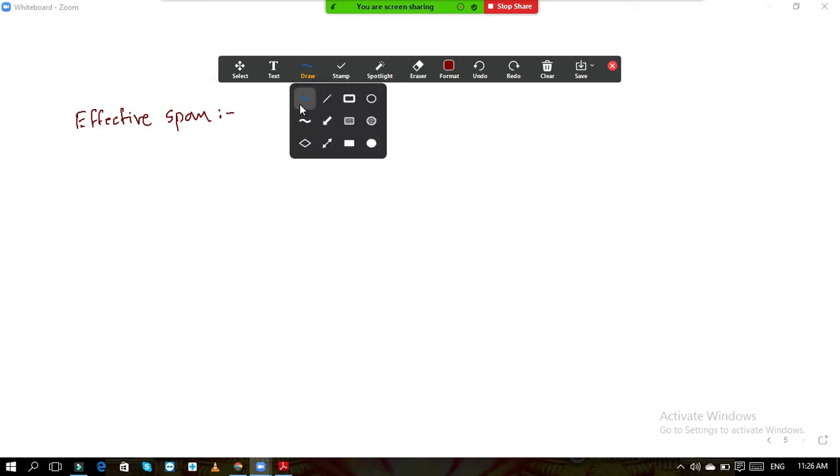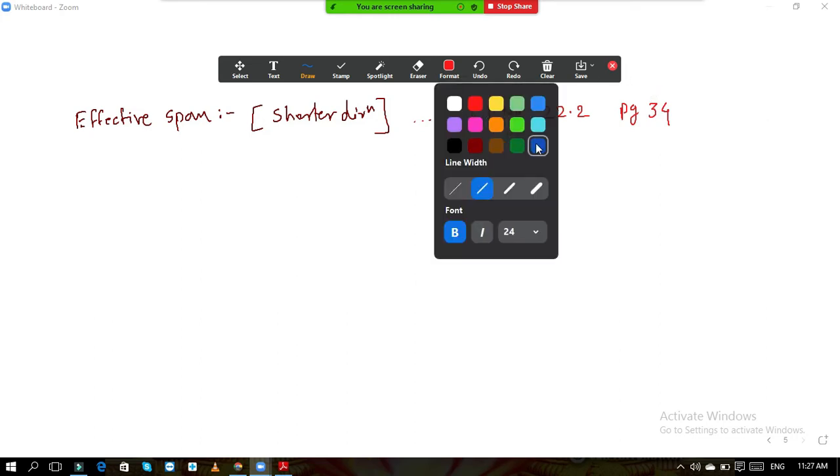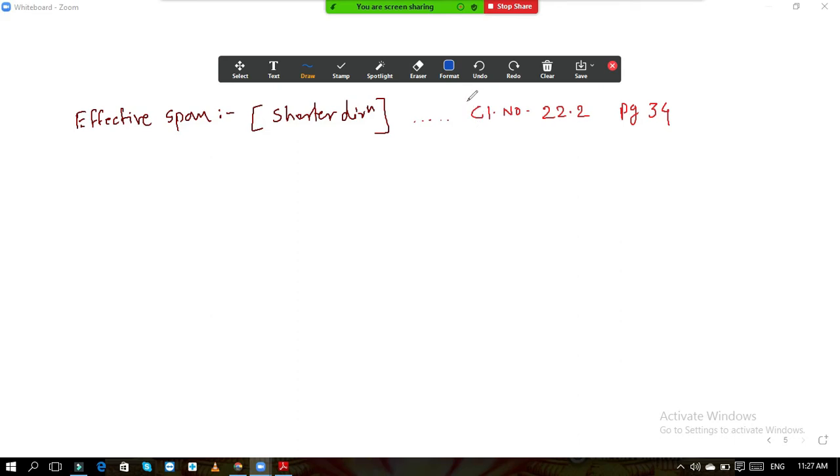Again we need to refer to the clause. We have already referred to this, so you can look into the IS code, clause number 22.2, page number 34.